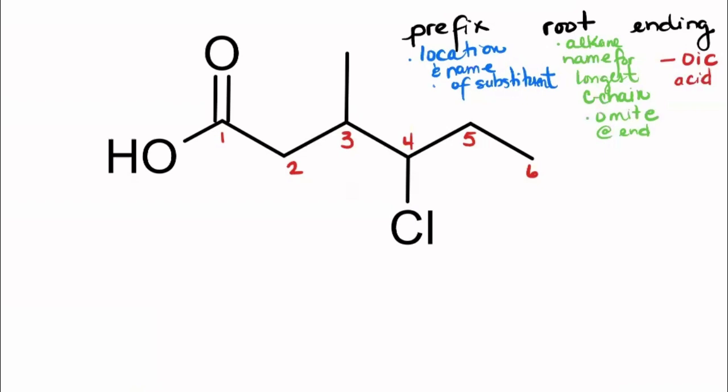Let's use this information to build the name for this carboxylic acid. The first thing I'm going to write down is the root. Since I know that the alkane name for 6 carbons is hexane, and I need to omit the E, this will be the word that results.